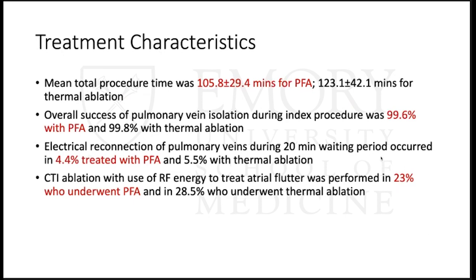Electrical reconnection of the pulmonary veins during the 20-minute waiting period was 4.4% in the PFA group, 5.5% in the thermal ablation group. And then CTI ablation using RF energy to treat atrial flutter was performed in 23% of those who had PFA, and 28.5% who underwent thermal ablation.